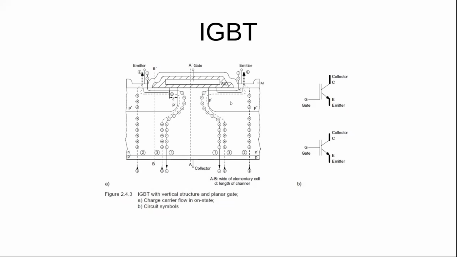So there is no way we can start it with the current? To get the IGBT, we added the BJT and the MOSFET. The BJT we started with the current, and the MOSFET we started with the voltage.